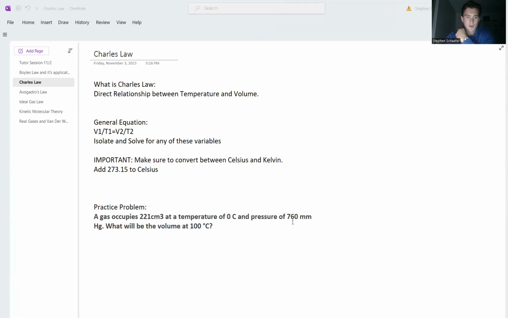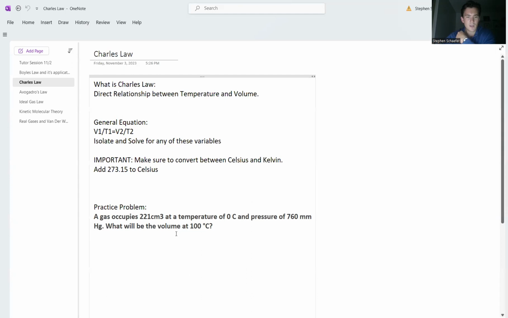Our pressure is 760 millimeters Hg, and we are given a temperature of 100 degrees Celsius. Okay, so it's important to note that 760 mmHg is equal to 1 atm, so that's STP.